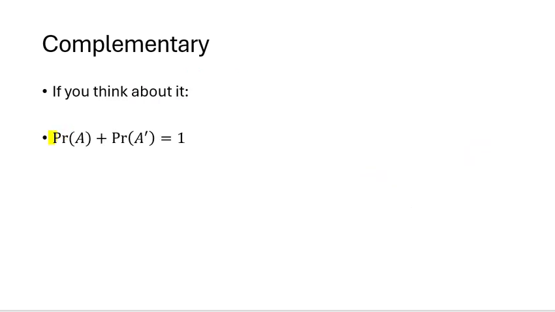Now, this is a formula that you need to have. Okay, make sure you have it right here. This is something you need. So basically, if you think about it like this, let's just say A equals rolling a 2. That means A dash means not rolling a 2.